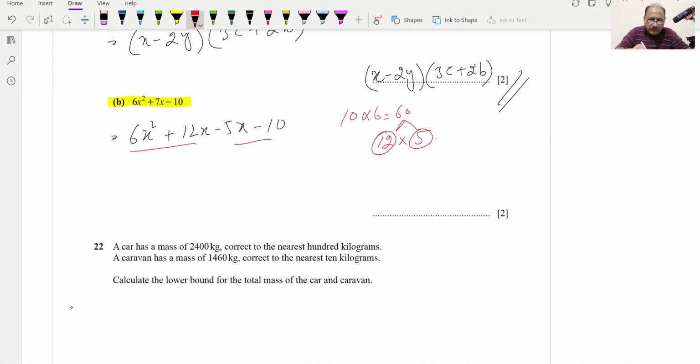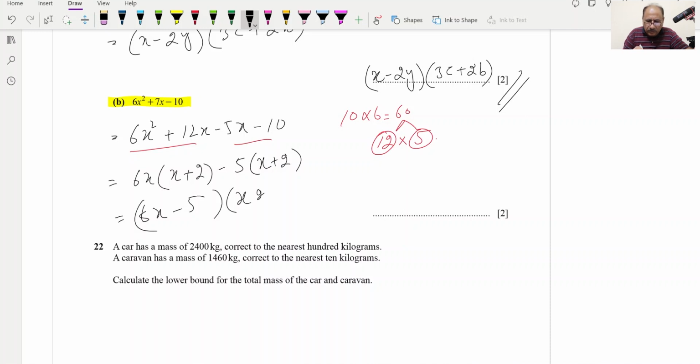Now we can take this common from these two pairs, so it will be 6x, and inside will be x plus 2, and minus 5 and x plus 2, and this will be 6x minus 5 and x plus 2, and final answer we can write over here, 6x minus 5 and x plus 2, and this is the 2 marks final answer.